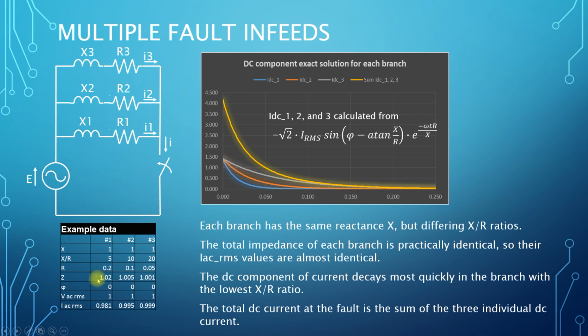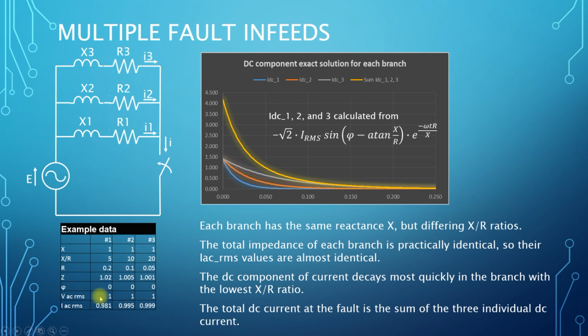We can work out the impedance of each branch. They're all slightly different, but round about 1 per unit. And the applied voltage is 1 per unit, so we can calculate the steady state RMS current in each branch, and they are all slightly different but very close to 0.99 per unit.